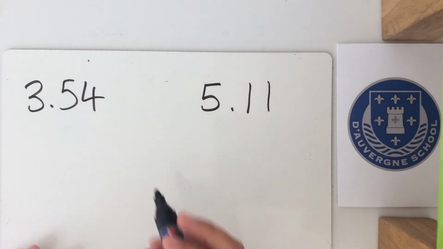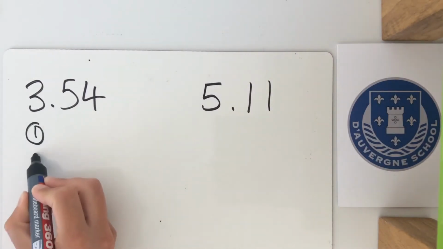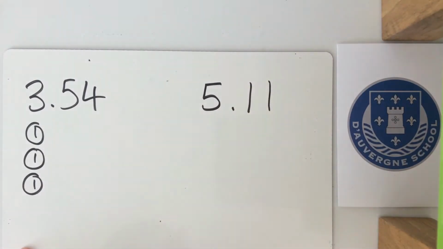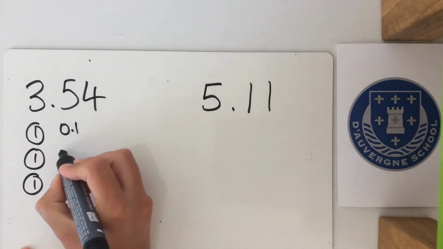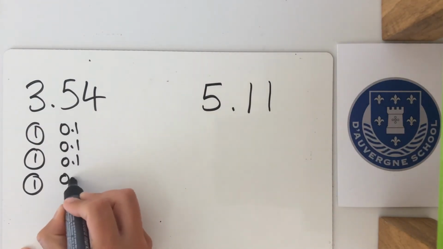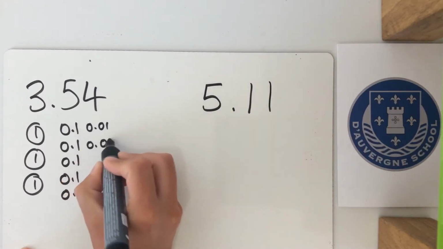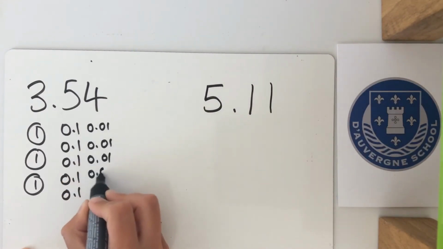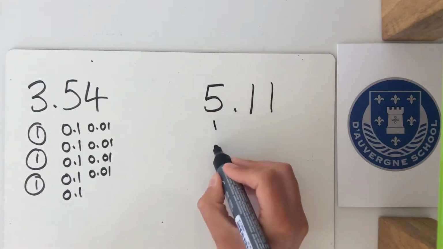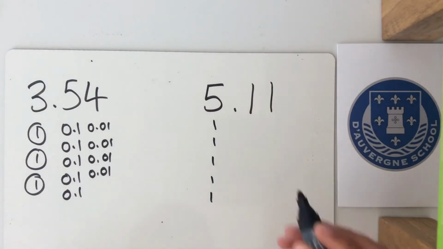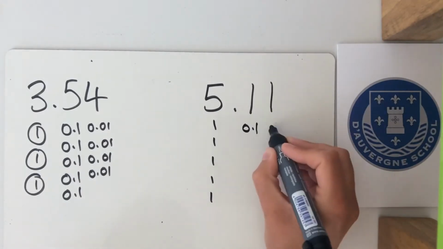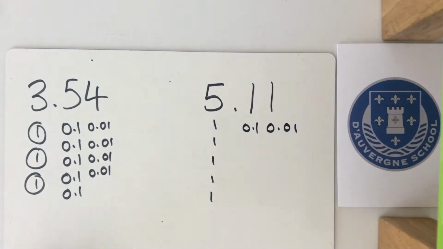Okay, so for 3.54 we should have 1, 2, 3 ones, we should have 5 tenths, and we should have 4 hundredths. For 5.11, we should have 1, 2, 3, 4, 5 ones, 1 tenth, and 1 hundredth.